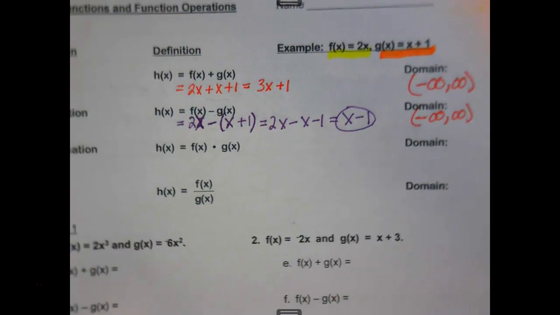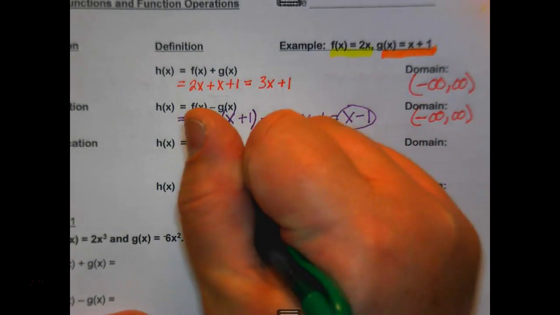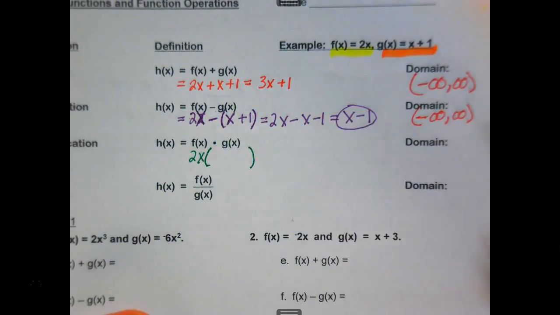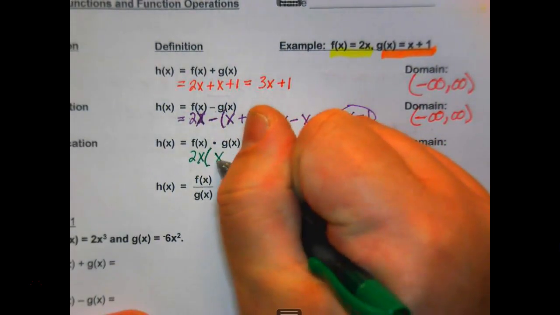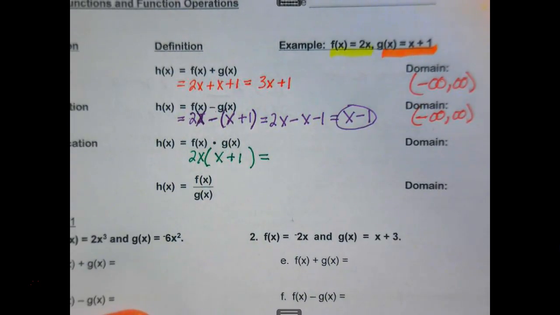Okay, next operation, multiplication. My f of x is 2x. This time I'm going to multiply it by the g of x, which is x plus 1. I have to distribute the 2x. What do I get?